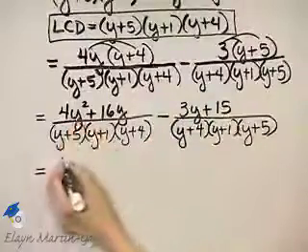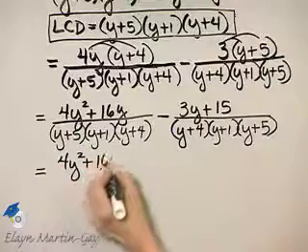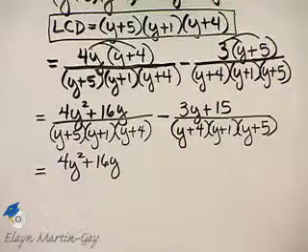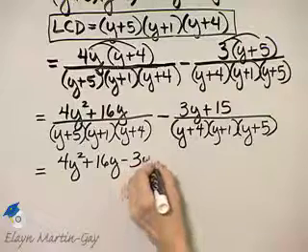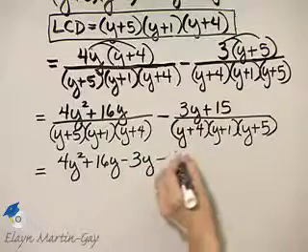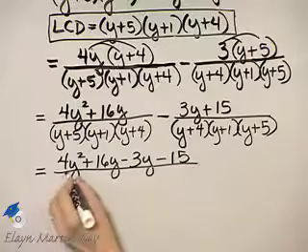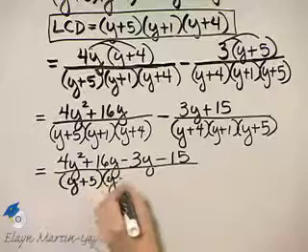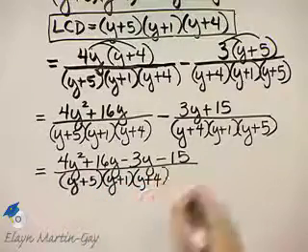So in other words, it's 4y squared plus 16y, and then it's minus parentheses 3y plus 15, so it's minus 3y minus 15 all over then a single LCD, y plus 5 times y plus 1 times y plus 4.